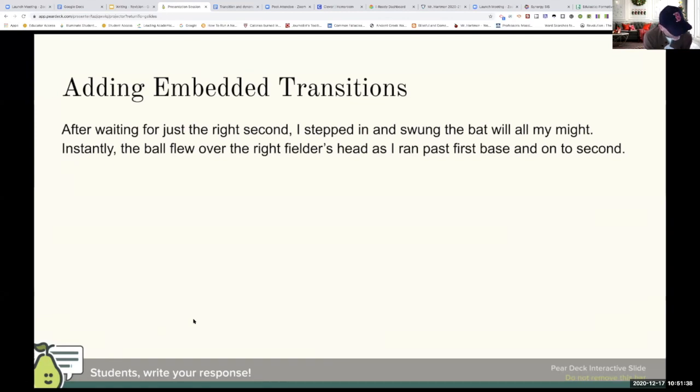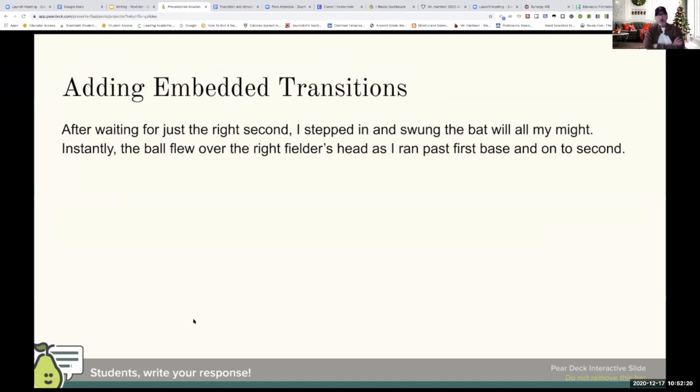For this one, we're looking for one transitional phrase and two transition words.